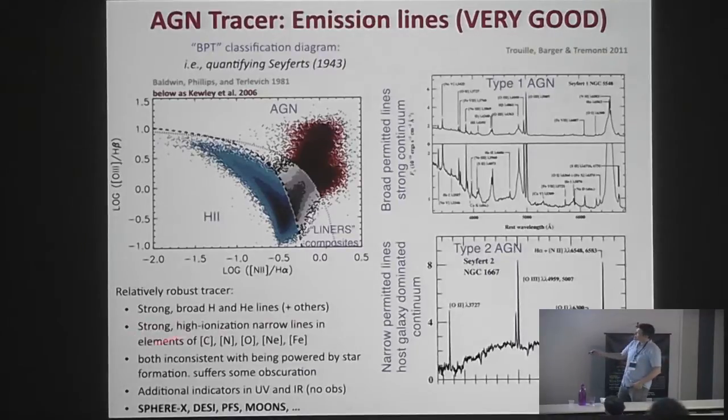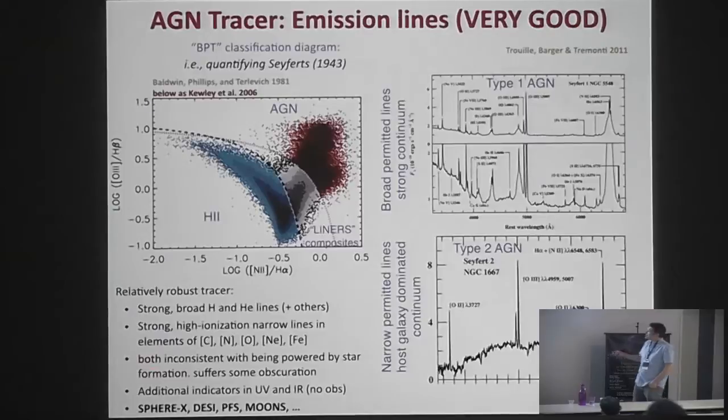You also have the strong ionization lines, I mentioned these two, but you also have neon, you have iron, and certain species of those, and that tracks the strength of the UV radiation field, how the slope looks, how many photons are being generated at very high energies versus moderate UV energies versus low energies. So you have the ability to trace properties of the disk if you have enough signal to noise and information in the spectrum.